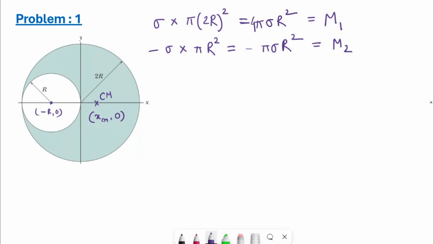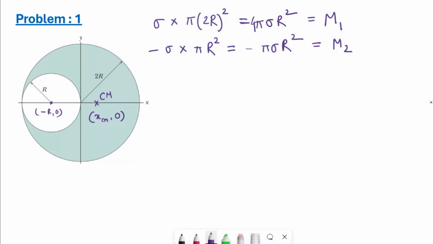Now, in order to find the center of mass of the whole system, we need to find the position of these individual masses, one for the missing mass, one for the total mass where the circular disk wasn't cut out from the bigger circular disk.